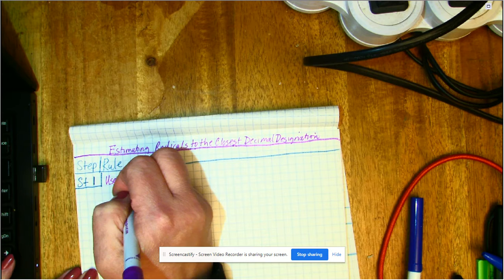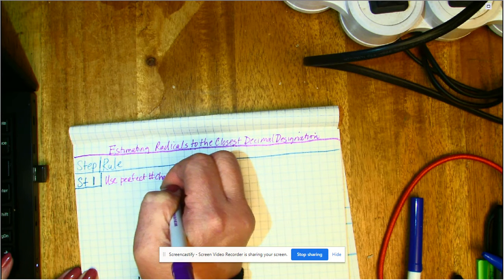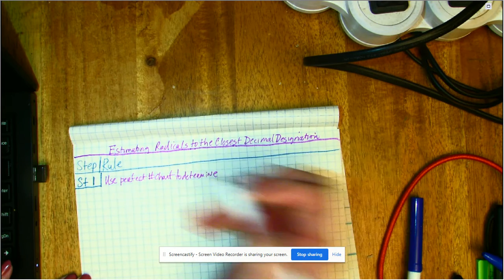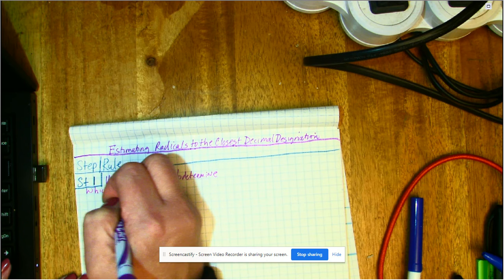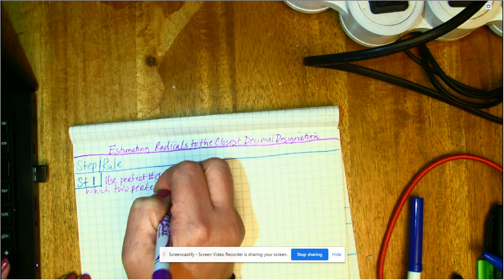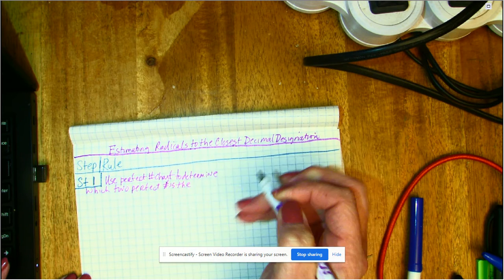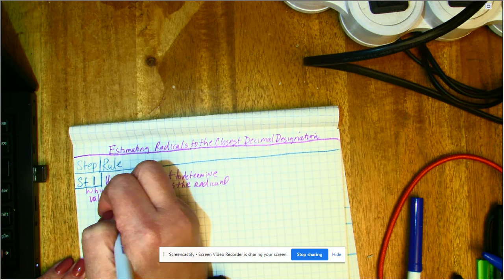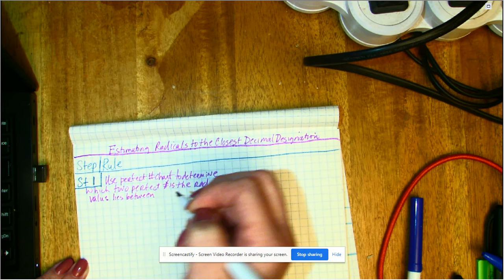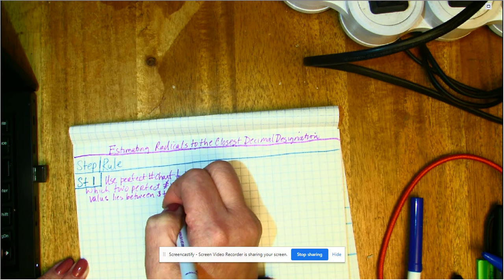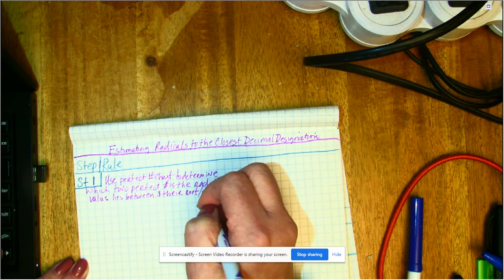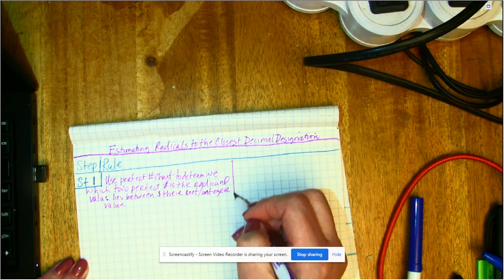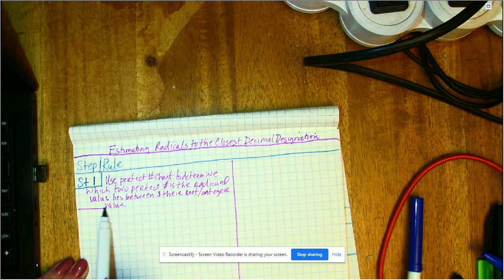So use a perfect number chart or your calculator to determine which two perfect numbers the radicand value lies between, and their root or integer value. So step 1 here is the same step 1 that we used when we were estimating to the closest integer.